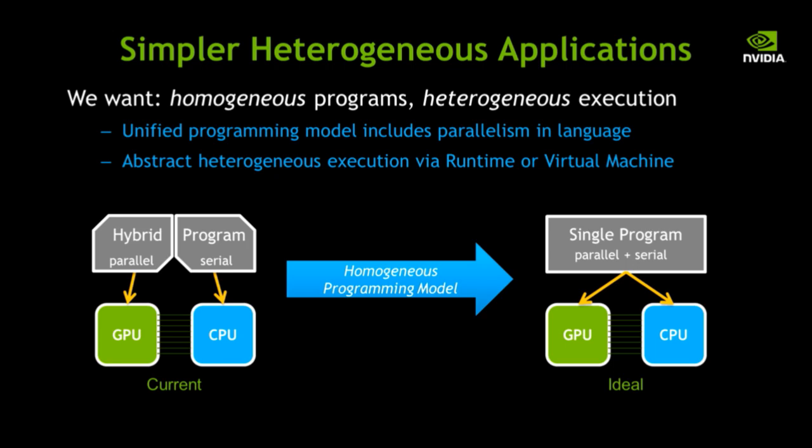So we need a unified programming model that exposes parallelism in the language and that abstracts the scaling from small parallelism or no parallelism to large parallelism through features in the runtime and virtual machines. And so we're working on a number of programming model features and APIs and things like that for the future to try to achieve this.